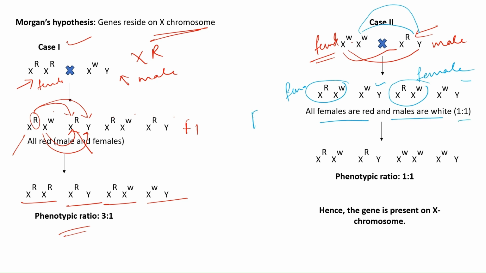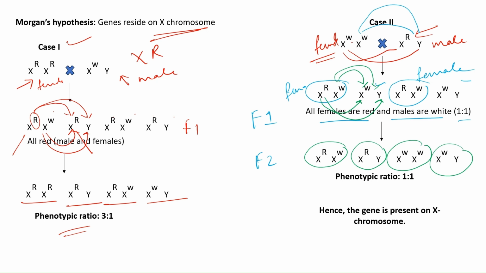This is the F1 generation. Now the F2 generation. F2 generation means one female and one male again. So this capital R and this W, capital R, this Y, W with this W, W with this Y. So that is RW, RY, WW, WY.